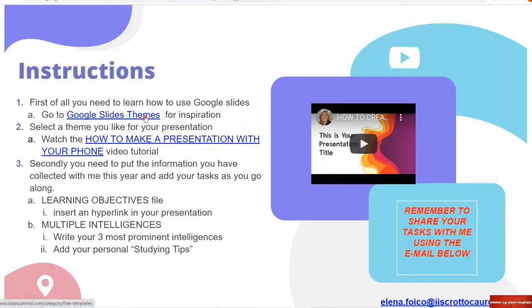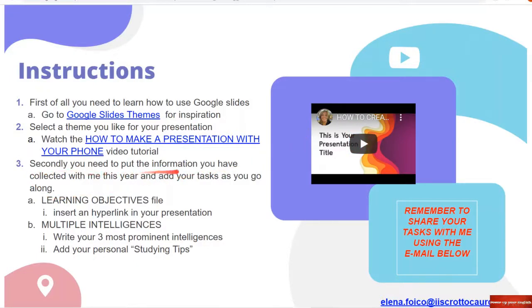So please open the page and follow this video in which I explain to you how to create your own presentation. Number 2, you need to select a theme you like for your presentation, and I can tell you how in this video, so please first watch the video tutorial.